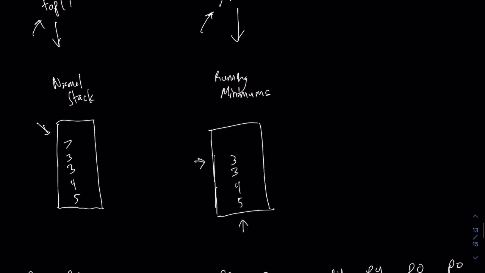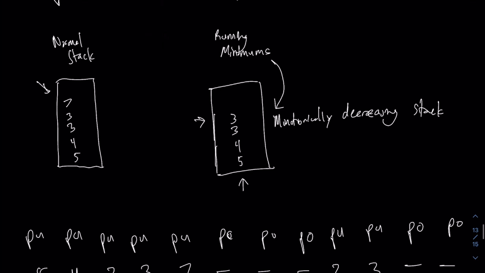So our running minimum should take the form of a monotonically decreasing stack, right? Every time we add an item, it must be smaller. We're not strictly decreasing, monotonically non-increasing, I guess you can say, if that is a thing.